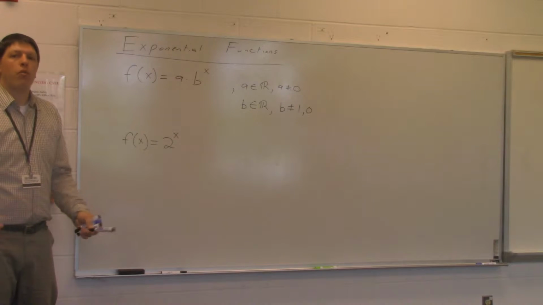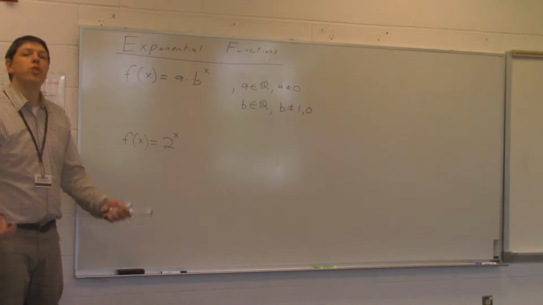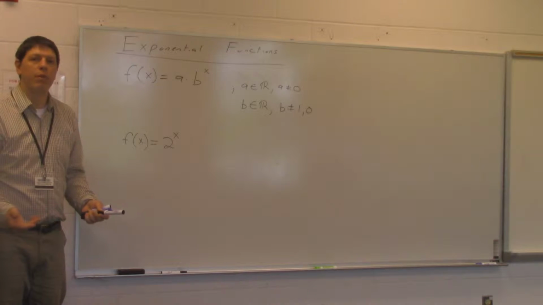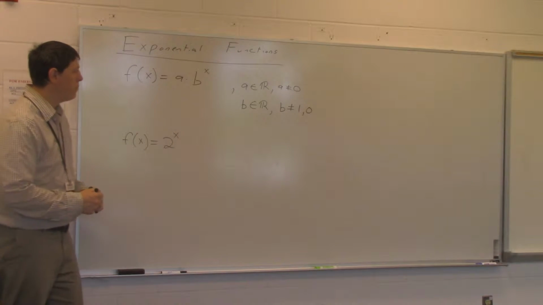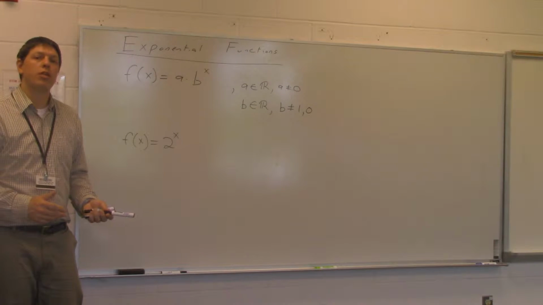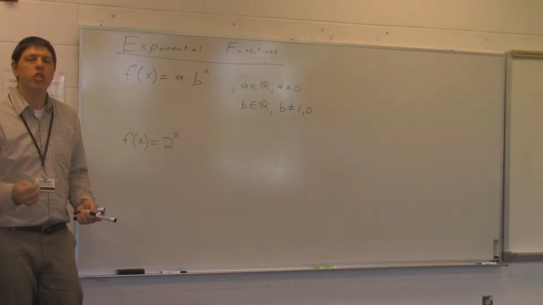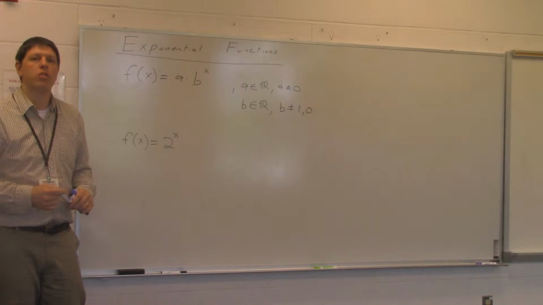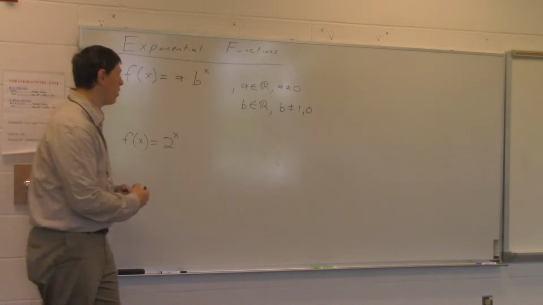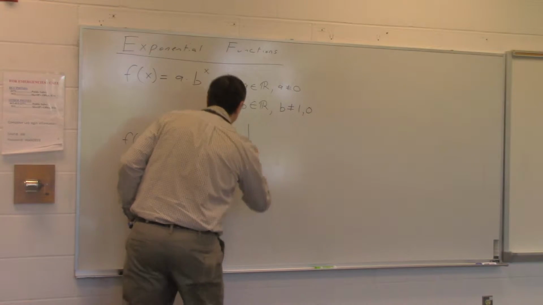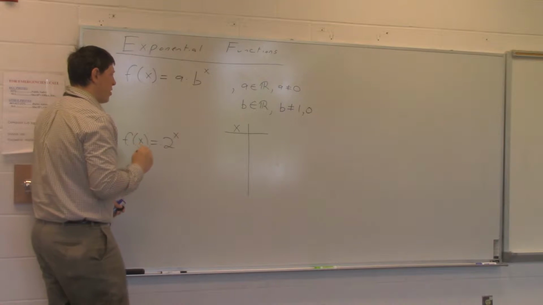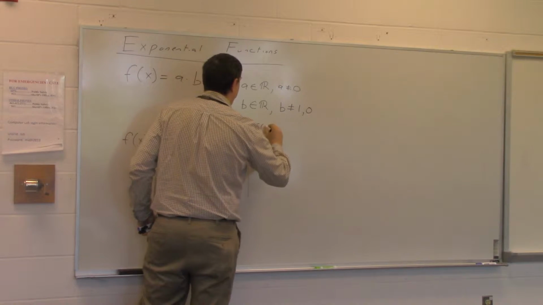One of the ways that you may remember to graph a function is to use a table of values. Let's make a table of values for this exponential function, and then we're going to go ahead and graph it. From the graph, we may be able to see its domain and its range and any other sort of properties, like maybe some asymptotes, any intercepts, etc. For the table of values, here's my x and then my f of x.